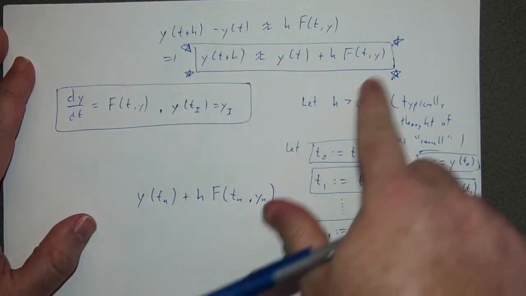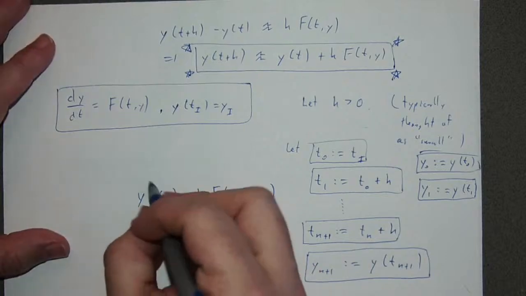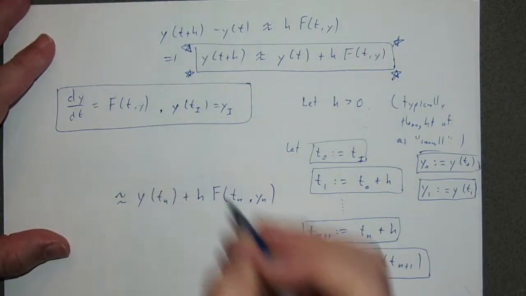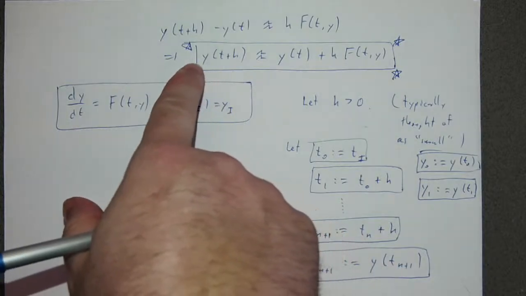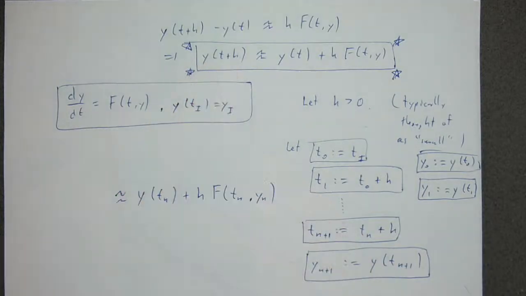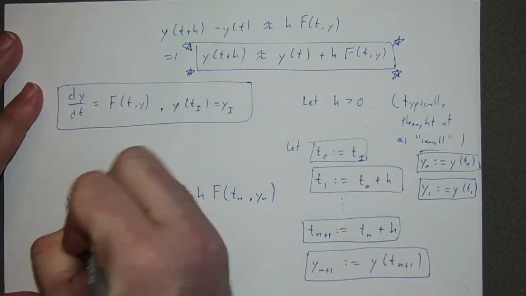Keep in mind here, y_n is y(t_n). According to this, it is approximately equal to y(t_n + h). But t_n + h is t_{n+1}, so this is approximately equal to y(t_{n+1}).